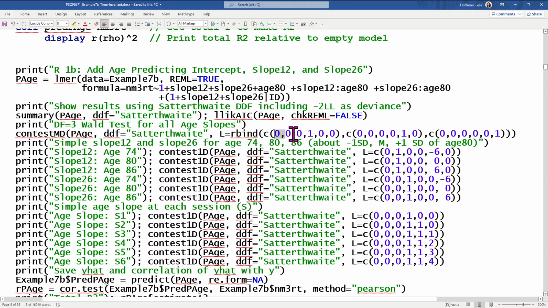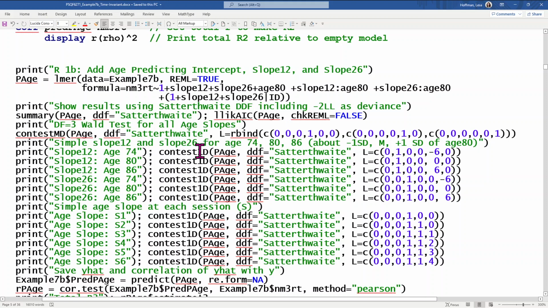So I usually start by writing as many zeros as I have terms to be filled in. So placing a 1 in the 4th column means, hey, I'd like this one. Placing a 1 in the 5th column means, hey, I'd like this one. And then the last column refers to this one. The commas in between then help indicate that this is a joint test of 3 slopes, not that I want the slopes added together or something like that.